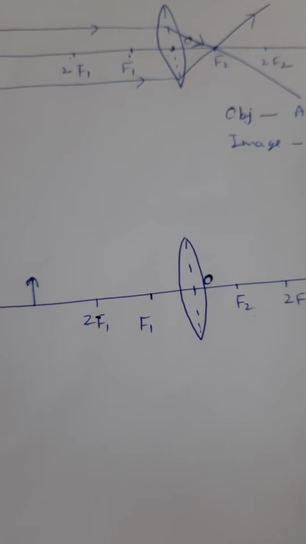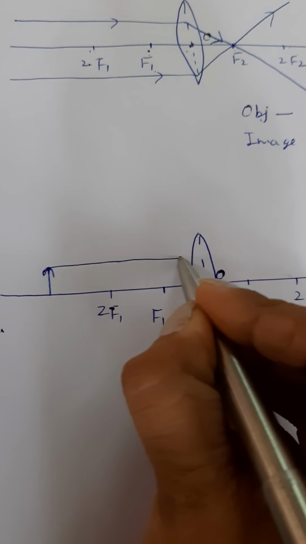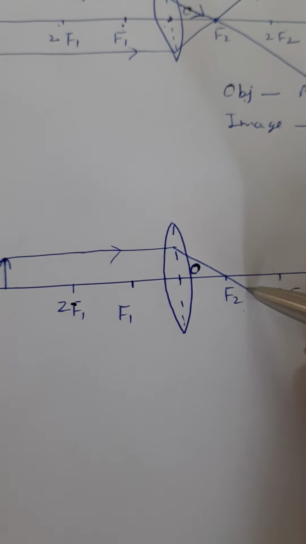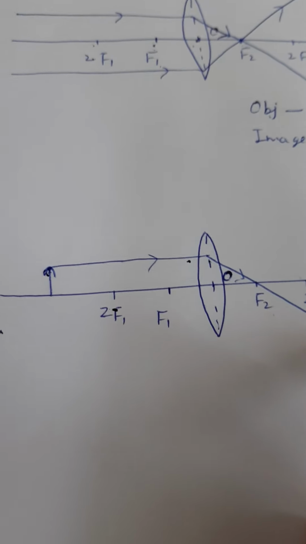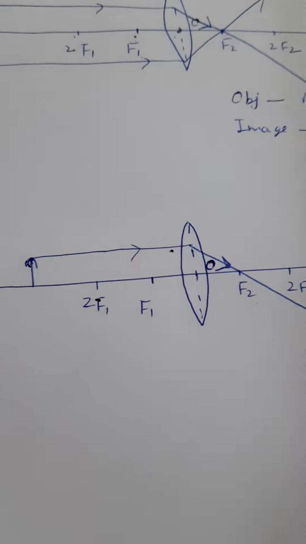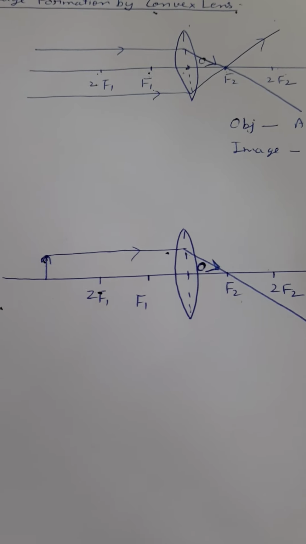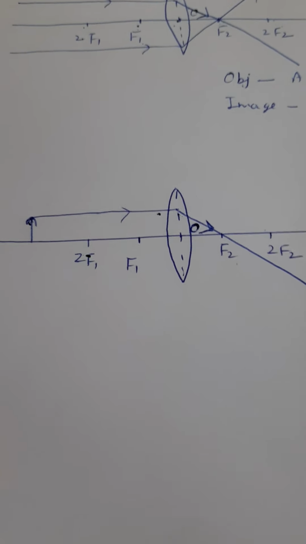So what we will do? In the same manner, the first ray, suppose it is coming parallel to the principal axis. So it will pass through the focus. This is the incident ray and this is the refracted ray. We need to put arrows. If you forget to put arrows, you will not get marks for this one. Now, I always prefer to use the third rule.